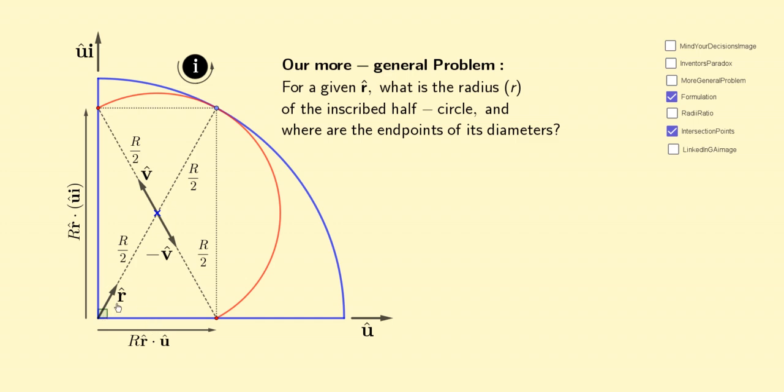So in other words too, it's the projection of twice this distance upon u hat, or big R times r hat dot u hat. And similarly, this distance to this intersection point, or this end point of the diameter, is big R times r hat dot u hat I.